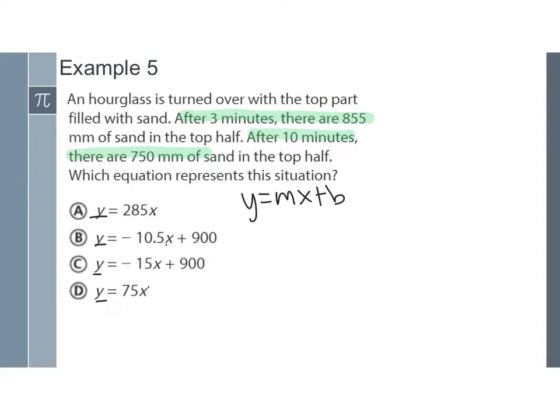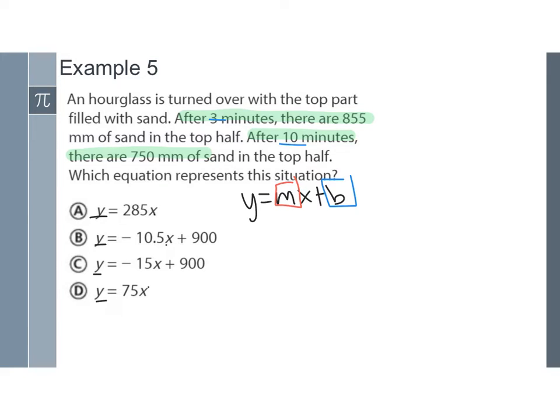And remember that m is our slope or our rate, and b is our y-intercept. From a word problem, our m, our slope, is our rate. They didn't really give us a rate in this problem, nor do we know how many millimeters of sand they started with. We only know the amount of sand left after 3 minutes and after 10 minutes.